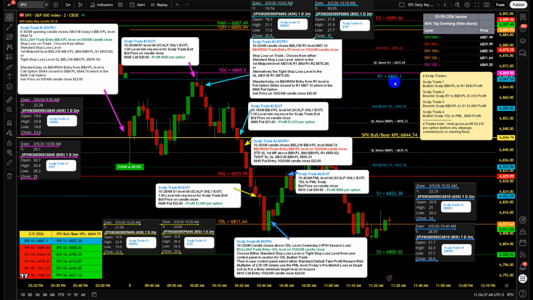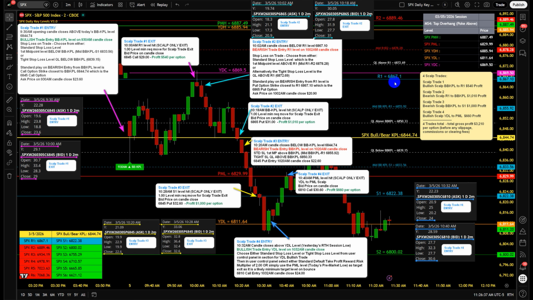We do have a Stocks ETFs daily key levels indicator as well. So for those people that prefer to trade the QQQ or the IWM or the SPY, that's your preference. That indicator is in the process of getting revised at the moment up to the V3.0 level.